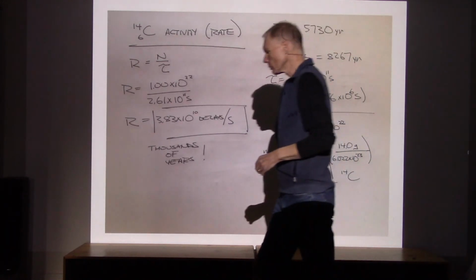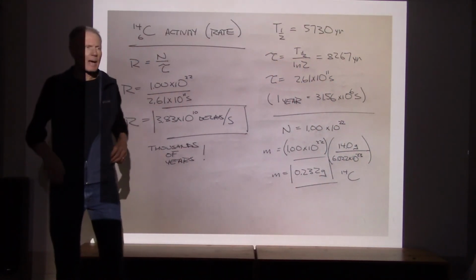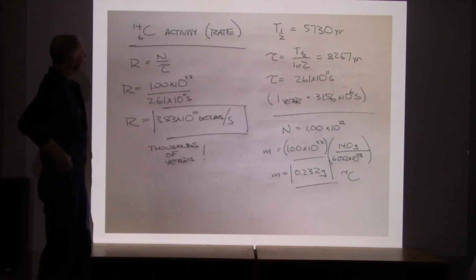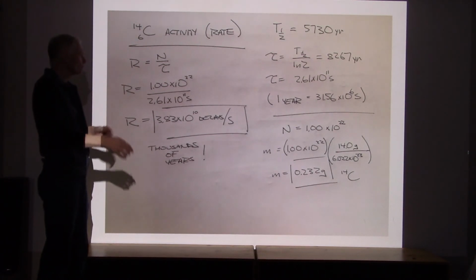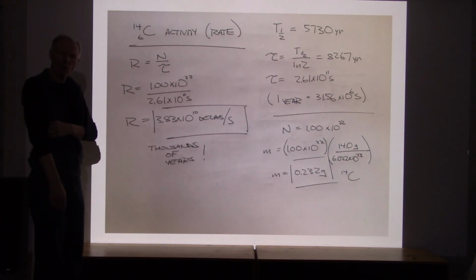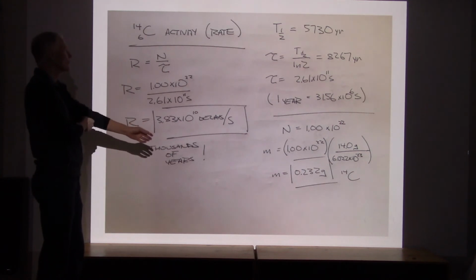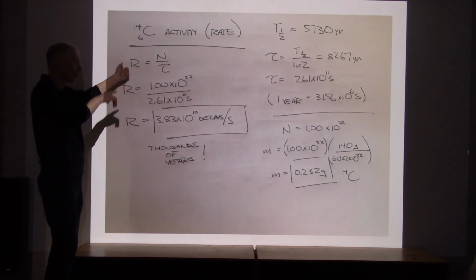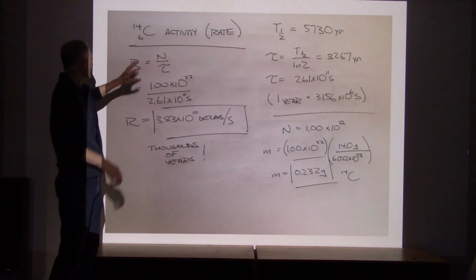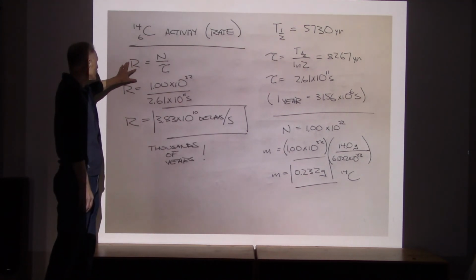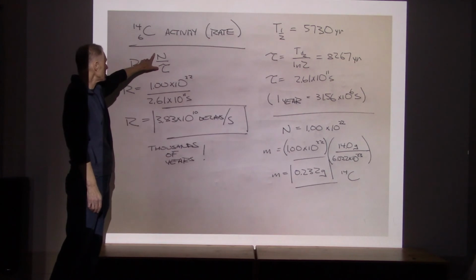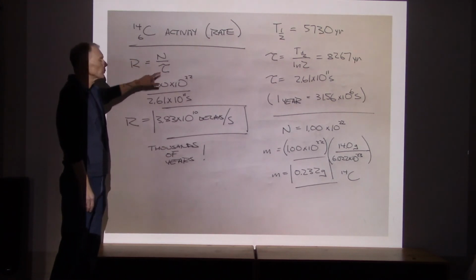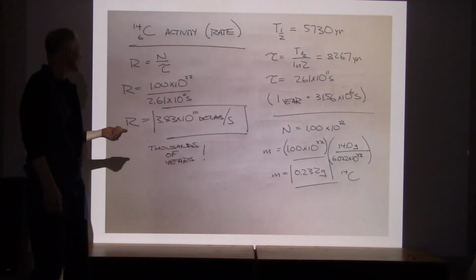So here we go. Let's see what that example looks like. First of all, they wanted to know what's the decay rate. Decay rate, we said back when we were deriving these equations, I can always calculate a decay rate by taking the current number and dividing through by the lifetime.